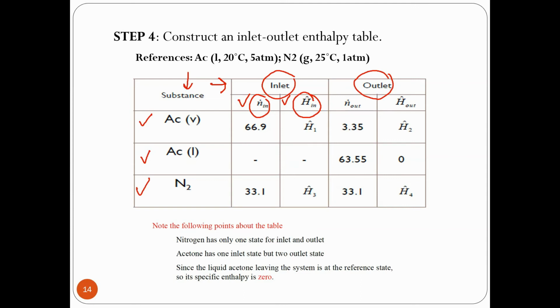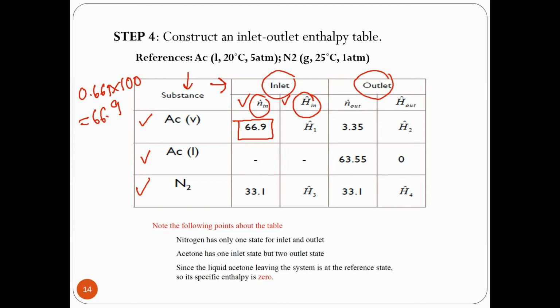So how do you get the 66.9? If you're referring back to the flow chart, the acetone vapor mole fraction is 0.669, and the total rate is 100 mole per second. So that's why you are going to have 66.9 here. Okay, so just fill in.